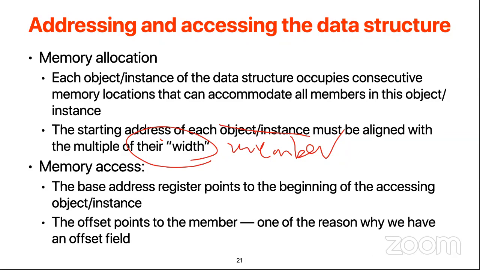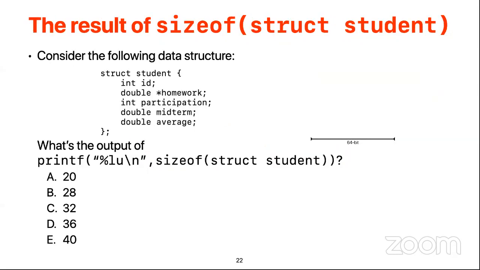That's another thing you have to remember, that we didn't talk a lot about in the textbook or in class, but it's actually very important when you design your program. If you look at this one, the ID is 4 bytes wide, so it has to start at an address aligned with 4, like 0. But when we move to the next one, homework, it's a pointer in a 64-bit architecture, so it's 8 bytes wide.